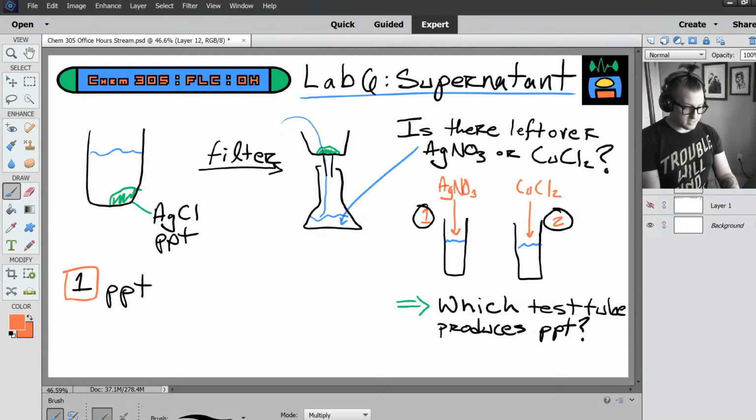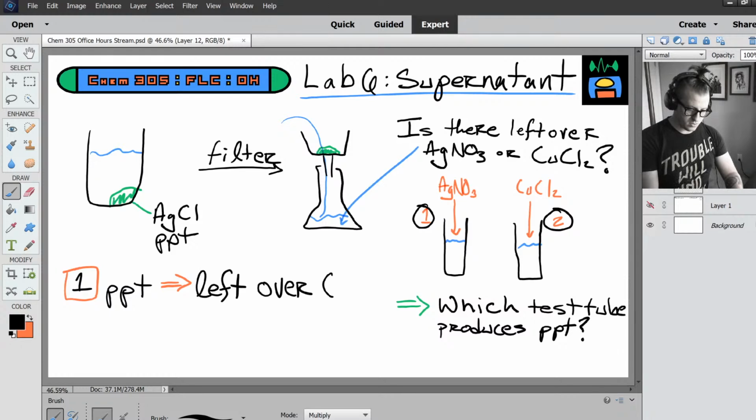that means that there was leftover copper 2 chloride, because that's what the silver nitrate reacted with.